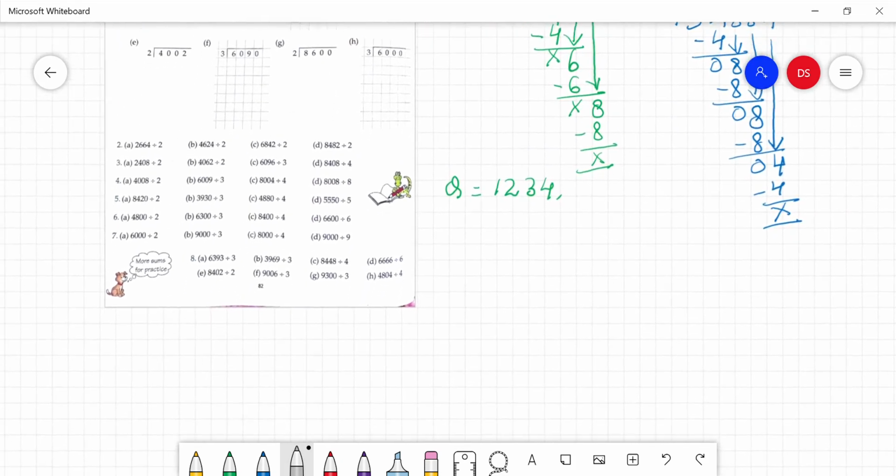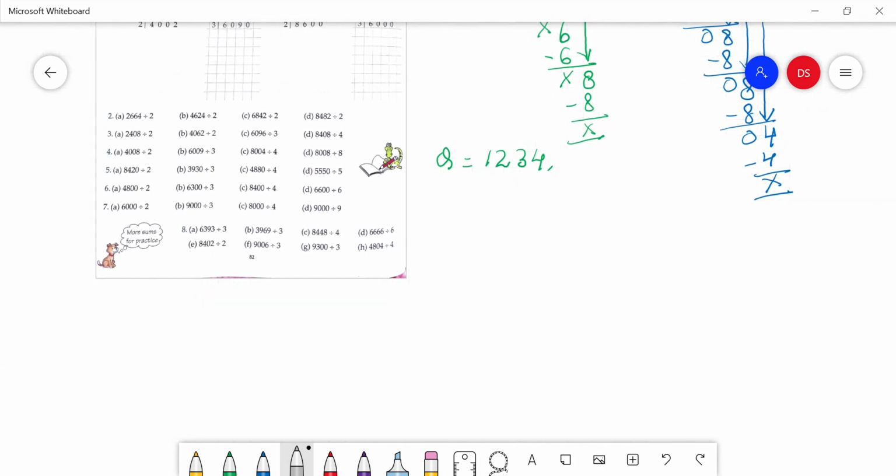Now we will do C part of this exercise. This is 3693. The dividend is 3693 and divisor is 3. Divided by 3, 3 ones are 3. 0. Next number is 6. 3 twos are 6.